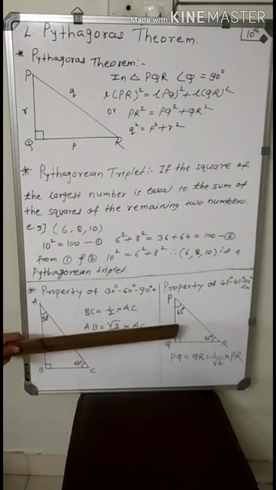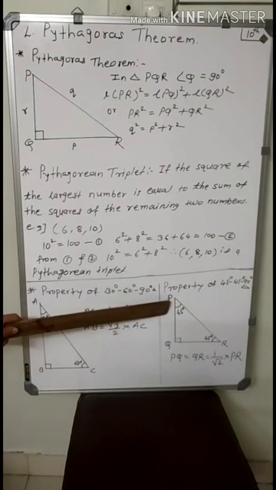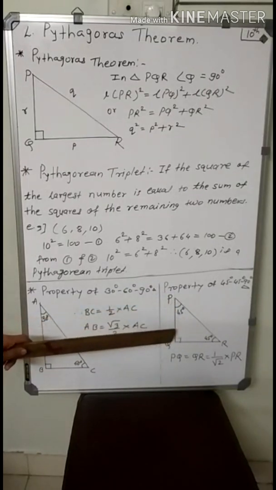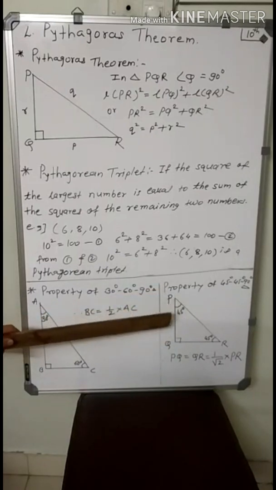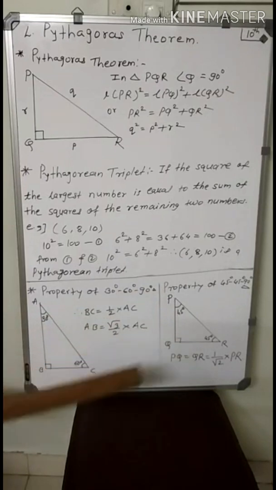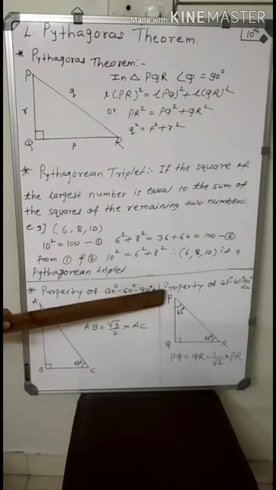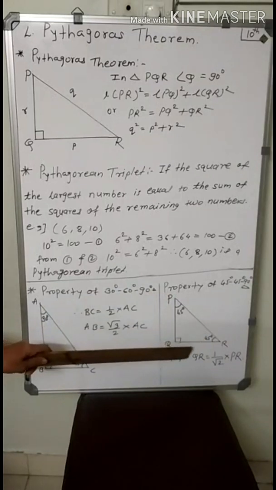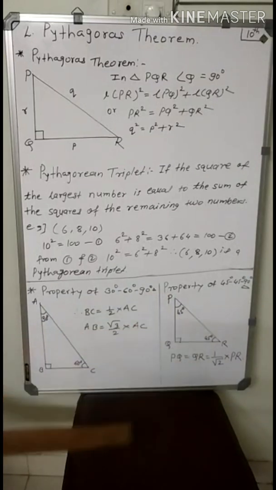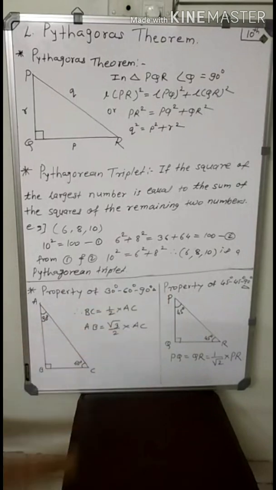In an isosceles right angle triangle, if the measures of angles are 45, 45 and 90 degrees, then each congruent side is 1 upon root 2 of the hypotenuse. Each congruent side means in triangle PQR, PQ congruent to QR. So PQ equal to QR equal to 1 upon root 2 into PR. PR is the hypotenuse.